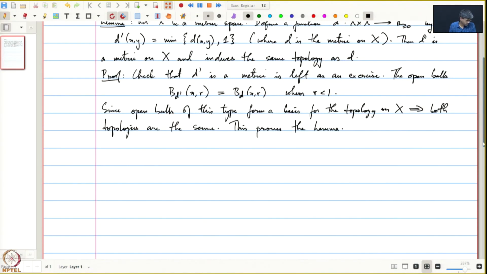Okay, so let us take the real line with the standard metric, and we apply this construction to this and apply the above lemma.